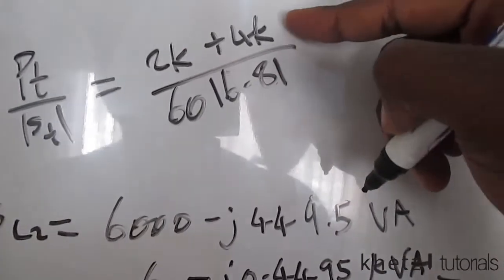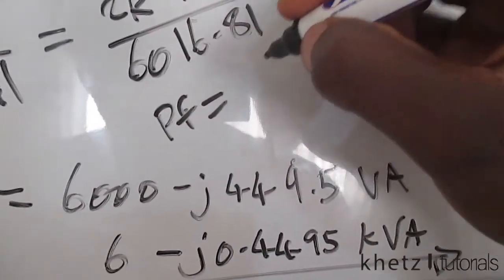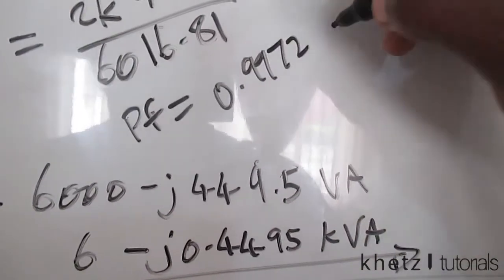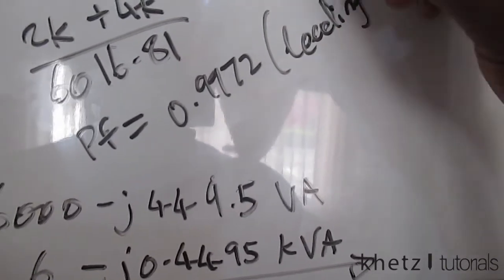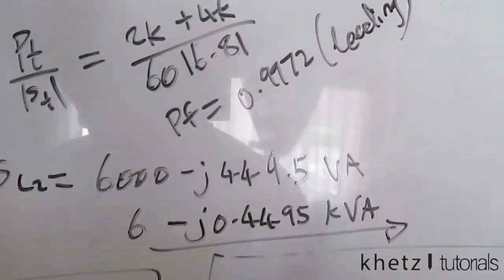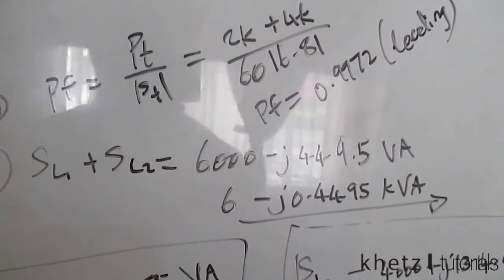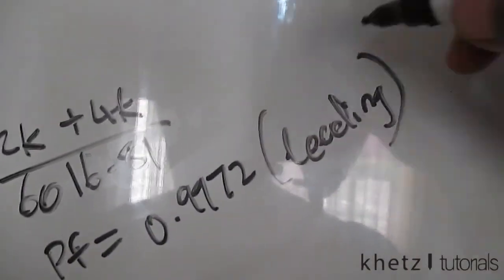Dividing 6,000 by that, you should get a power factor of the two loads of 0.9972, and it's leading. You can find that from the angle associated with the total complex power. It's negative, which means the angle associated with the current is greater, and that is why we say it's leading.